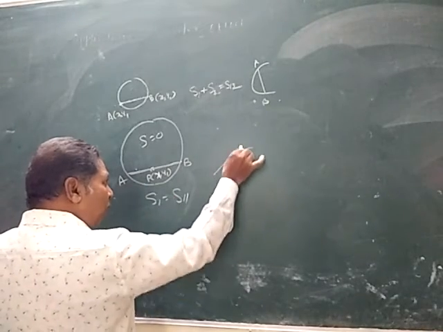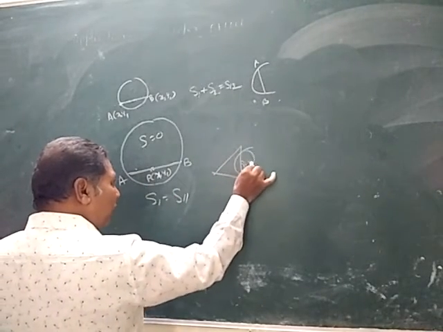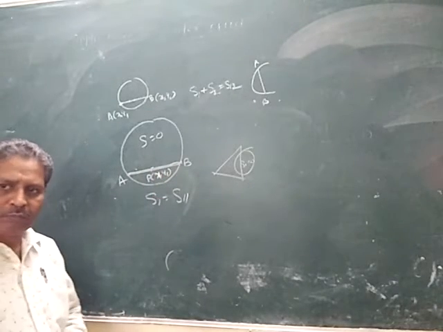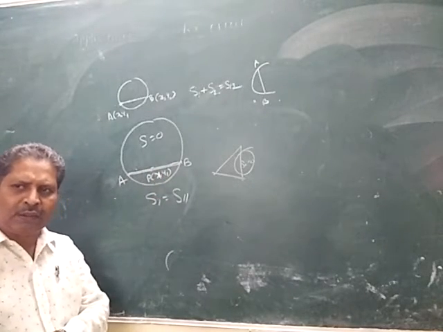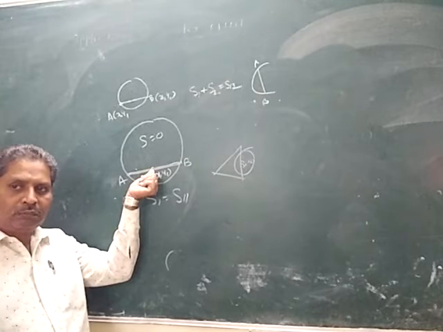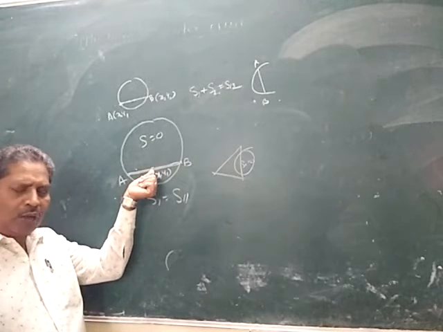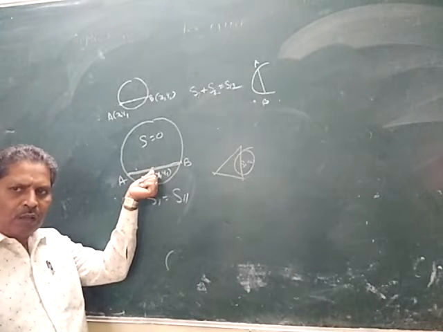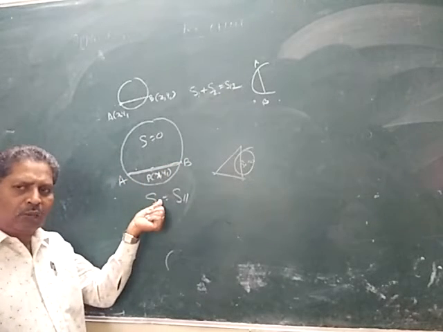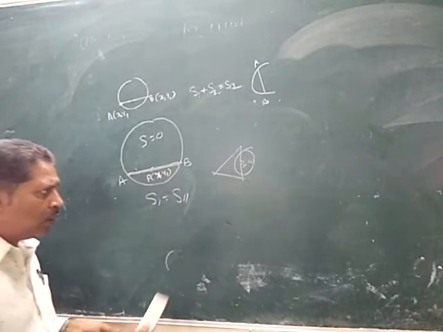S1 equal to 0 is the chord of contact. This is also a chord, but the special condition is that P is the midpoint of the chord. When the midpoint of the chord is given, the equation of the chord is S1 equal to S11.